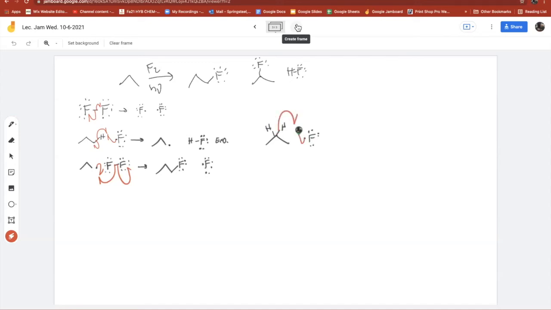Meet me halfway again. Propagation step 1 for secondary. This is exothermic because this HF bond, weak acid, releases a lot of energy. Got it. And then run into another F2.